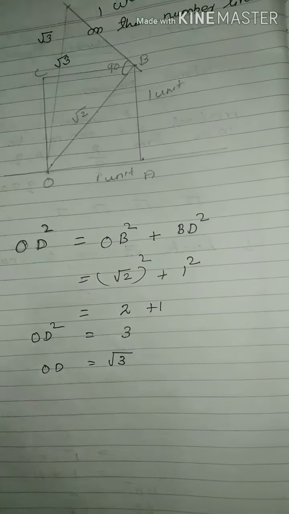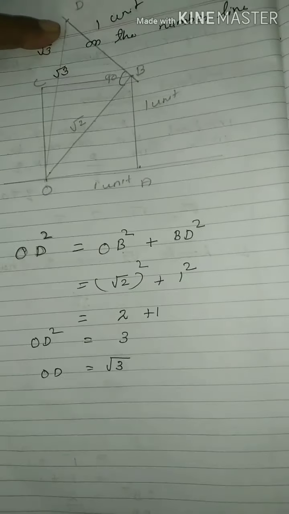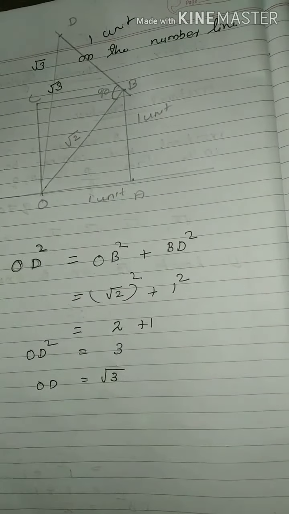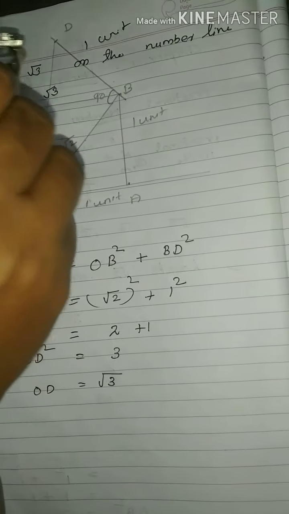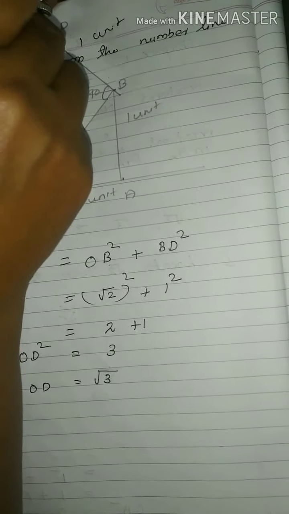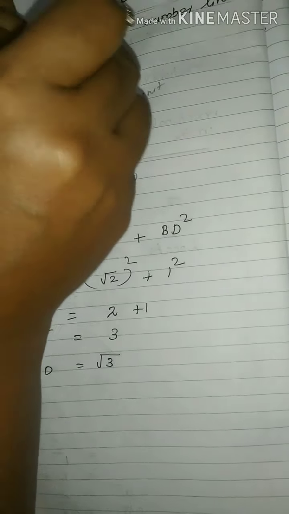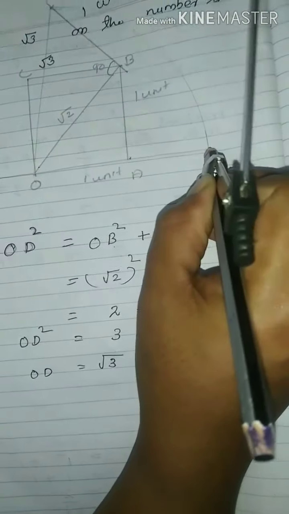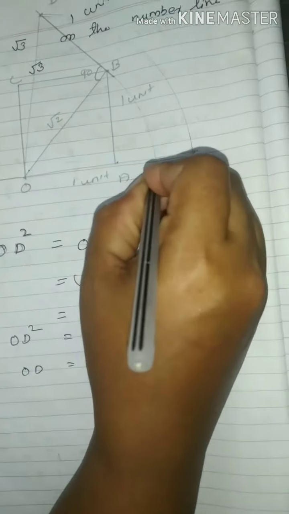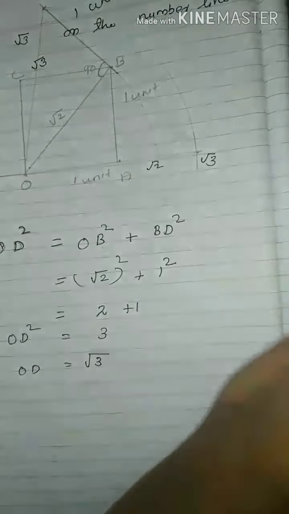This point is root 3. This point we can locate on the number line. See, this one is root 2 and this is root 3. Understand?